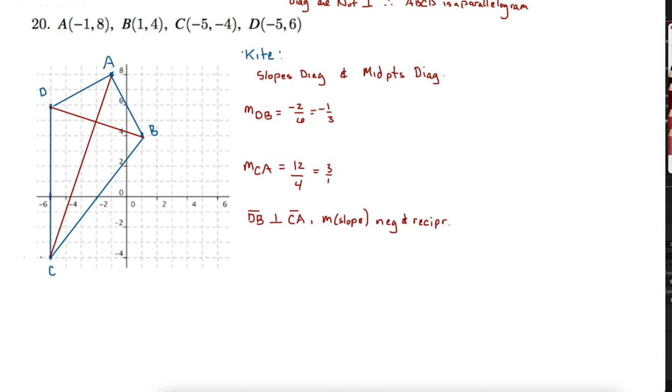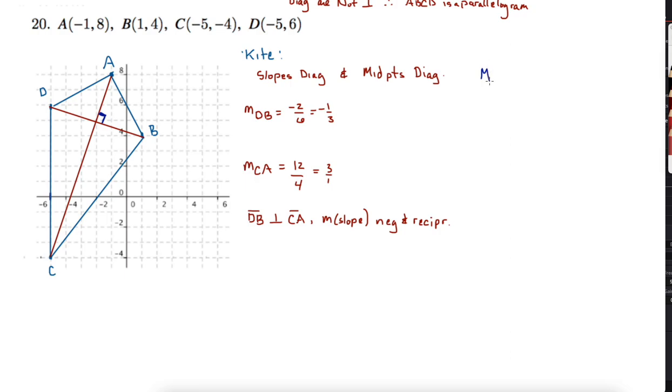So that's a 90. All right. Now, if the diagonals bisect each other and they're perpendicular, it would be a rhombus. It doesn't look like a rhombus to me, but we don't want to just leave it here and say we're done. This is not enough. So let's check the midpoint.